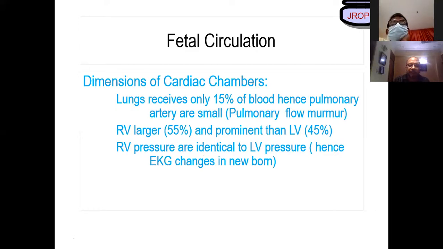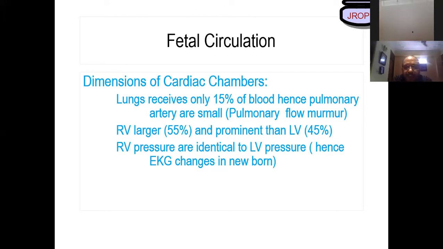On top of that, RV and RA could be bigger in size. And on top of that, you can hear a pulmonic murmur in the pulmonic flow because the pulmonic arteries are not accustomed to high flow seen in these vessels. So what do we see in this kind of patients? You must have heard a murmur of pulmonic flow in every neonate.